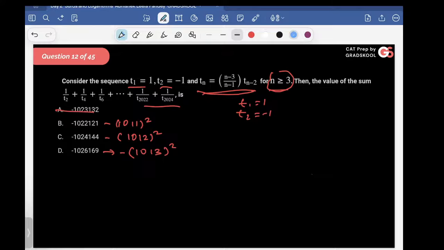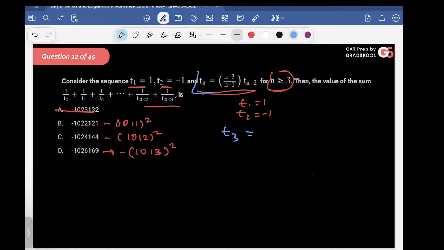Anyways, so T3, I'll put it here, n is 3. So I'll get 3 minus 3, that comes out to be 0. हाँ, T3 कैलकुलेट करें भी हम कि ना करें, हमें चाहिए ही नहीं, हमें तो T4 चाहिए.